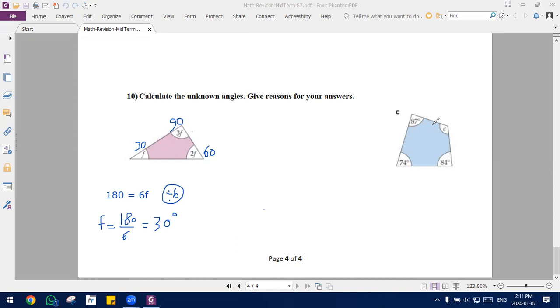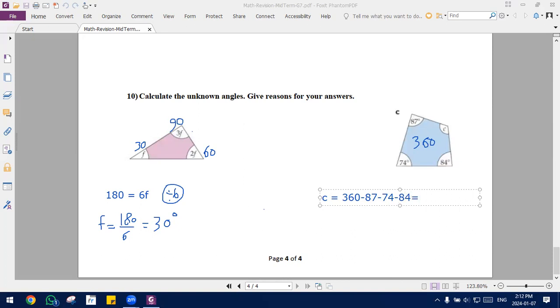Now, last one, we have a quadrilateral shape, which means it has 4 sides. We said that for a quadrilateral, the sum of the angles is equal to 360, like the circle. Now, how do you find C? It's very simple, since I know the total. So C is equal to 360 minus 87 minus 74 minus 84.